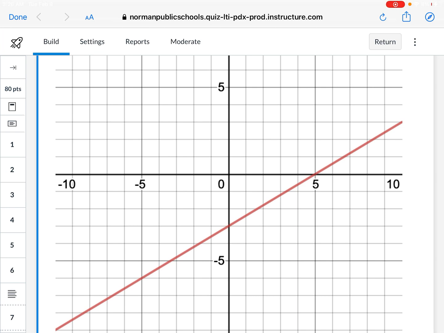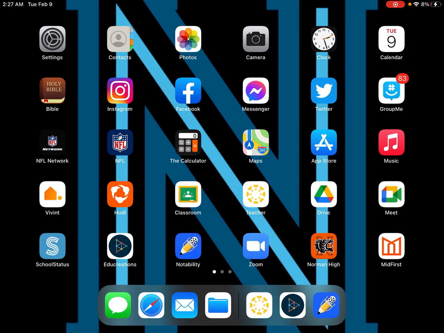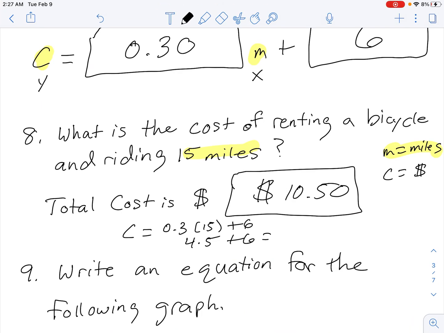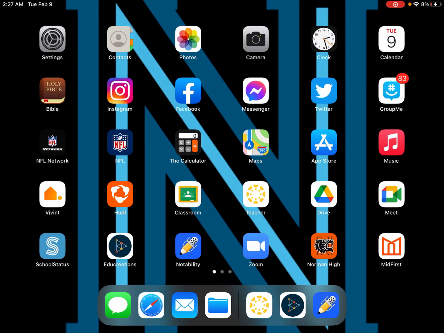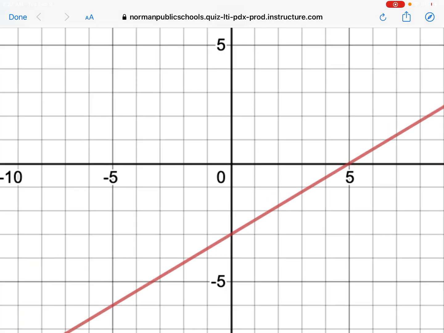We're going to start on the y-intercept, which is -3. For the slope, we're going to go up 1, 2, 3, and then go right 1, 2, 3, 4, 5. So 3 over 5 is our slope, so 3 over 5x.